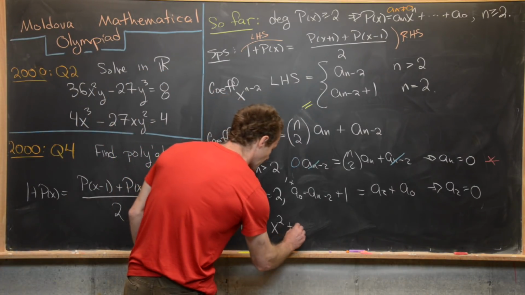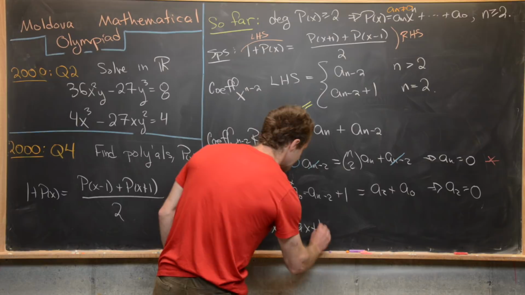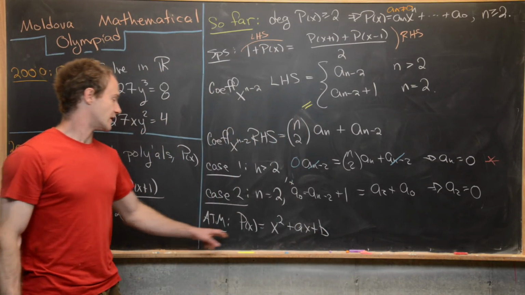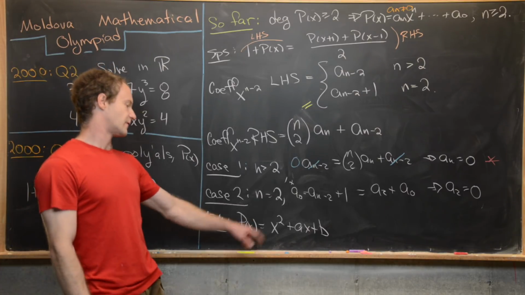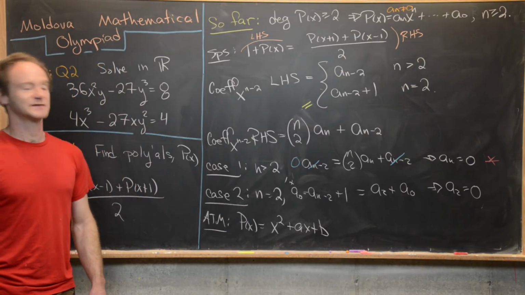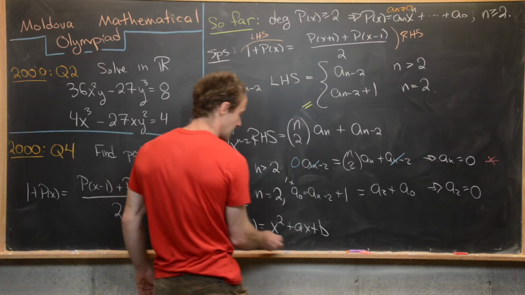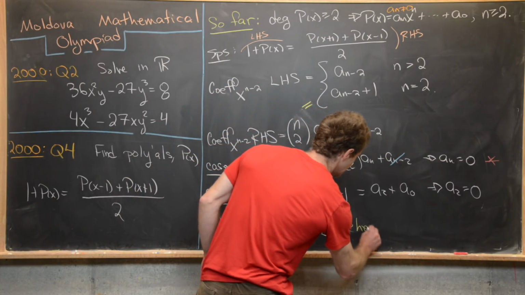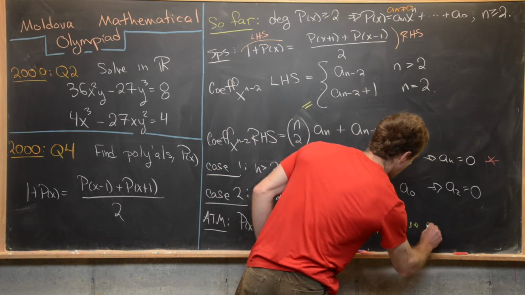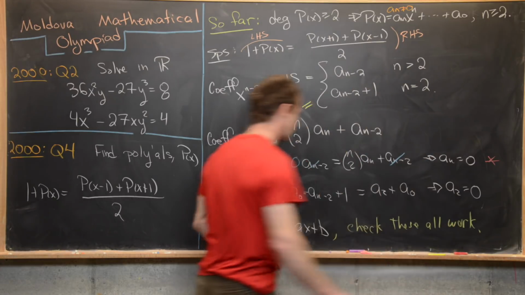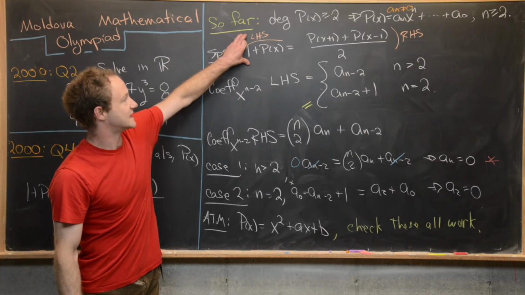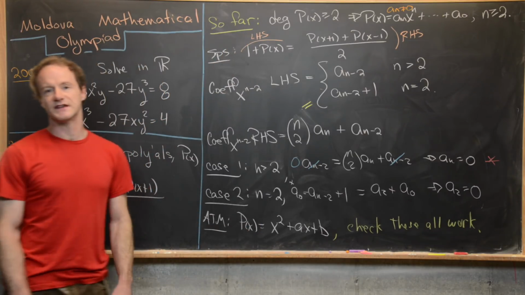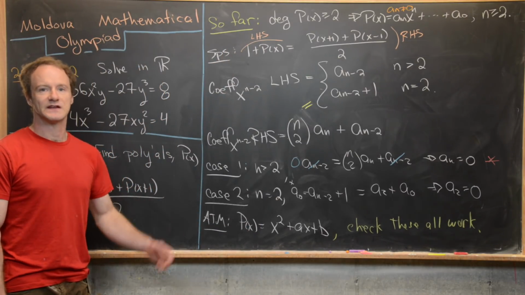But it turns out that the rest of the coefficients are free to be anything. So in fact, right now, all we know is that P of x is of the form x squared plus ax plus b, but then I'll let you guys do this. You can check that these all work, which isn't super clear until you start forcing this equation to hold with this type of polynomial. And that's a good place to stop.